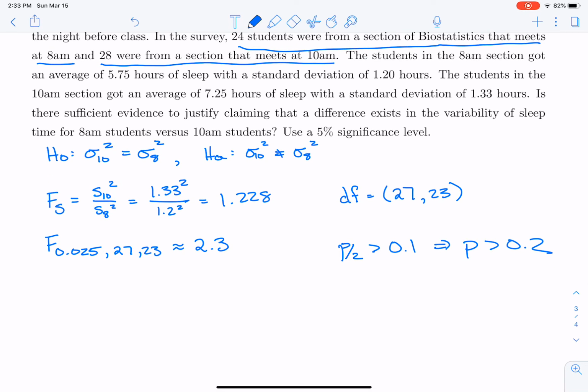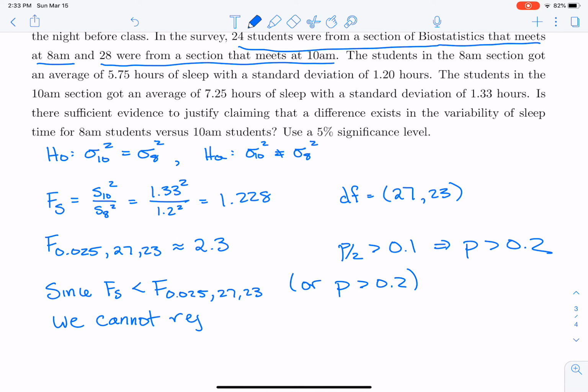So we can say that since F sub S, our F statistic, is less than the F value for 0.025 with degrees of freedom 27 and 23, or P is greater than 0.2, we cannot reject the null hypothesis.